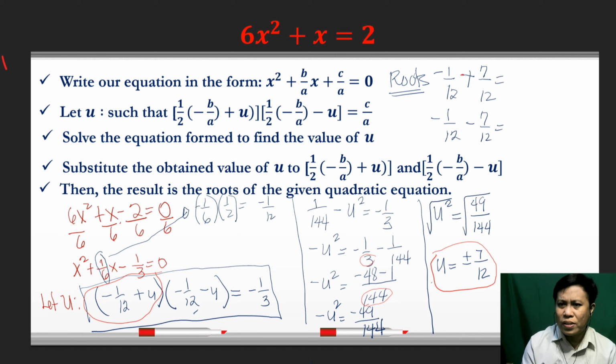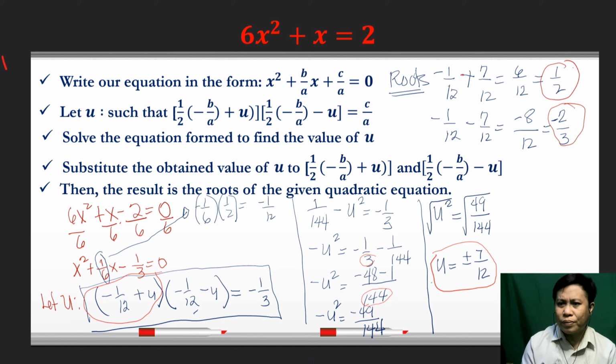So negative 1 plus 7 is positive 6 over 12, and 6 over 12 is 1/2. So this is one value of x. And next is negative 1 minus 7, which is negative 8 over 12, and that is equal to negative 2/3. So this is the second value of x.